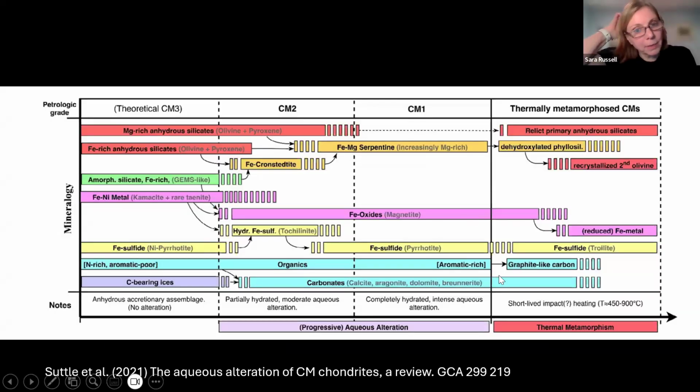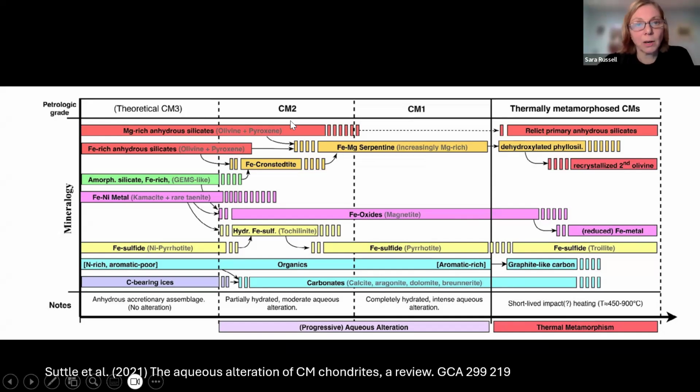And this is also from Martin Suttle's paper, to talk about what happens as you alter a CM from a theoretical CM3, which has not been aqueously altered at all. We think this is probably made up of anhydrosilicates and metal, as well as sulfides and carbon-bearing ices.